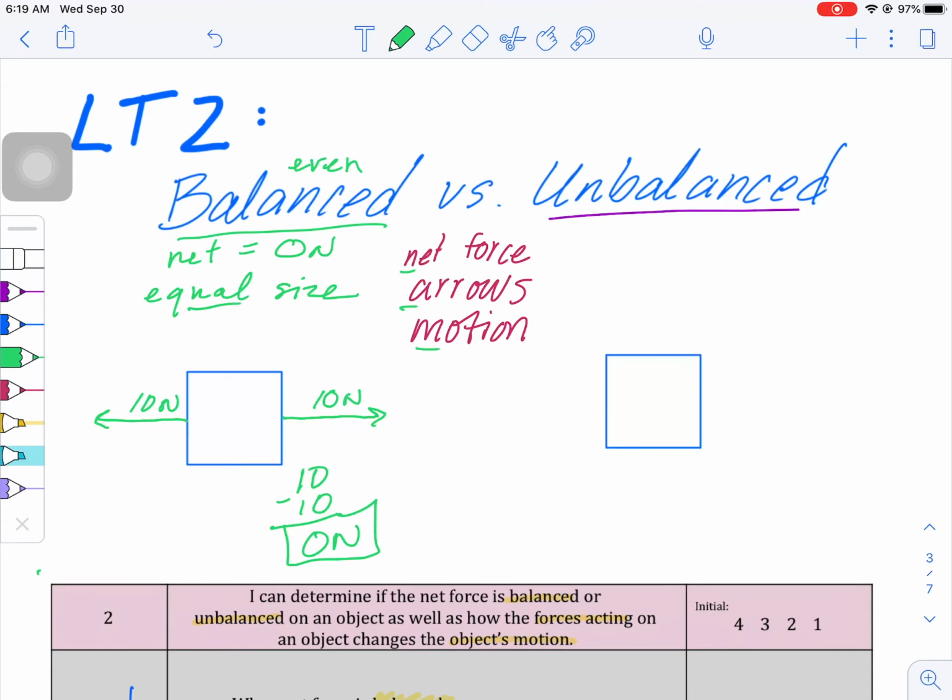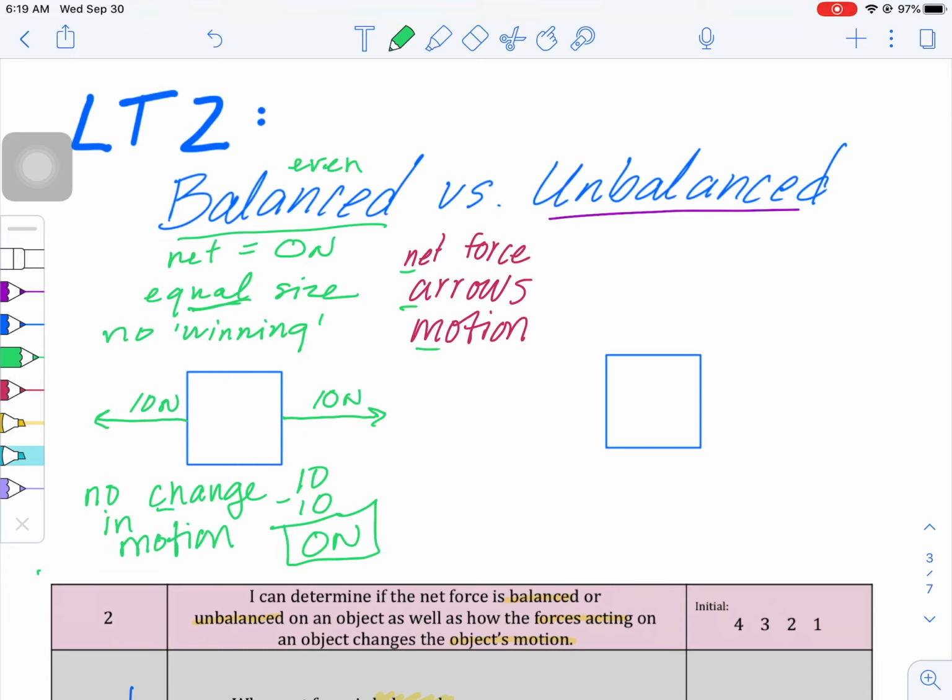In terms of motion then, because no force is essentially winning, right? There's no force bigger than the other and everything is equal. What we see here is no change in motion.